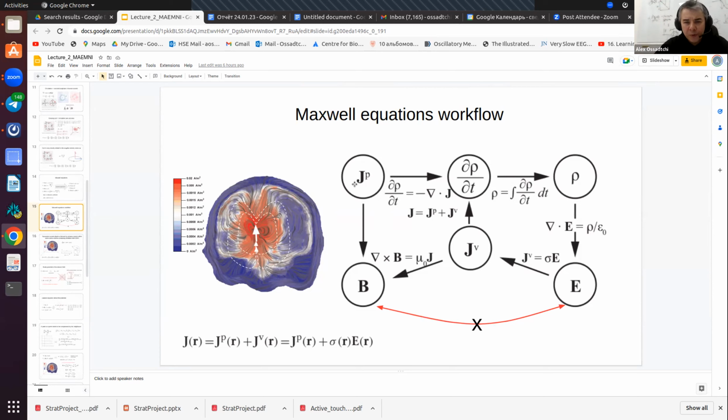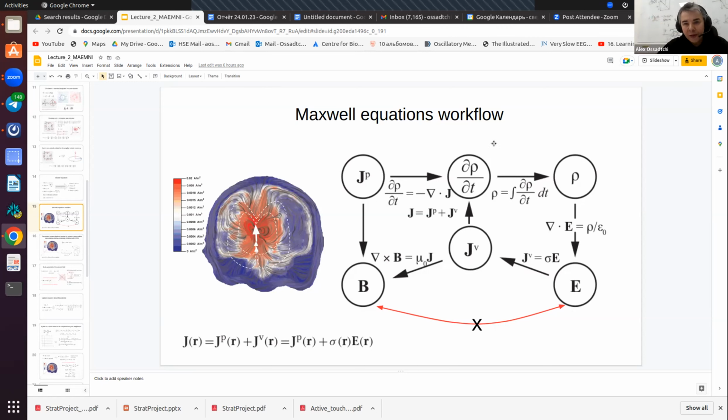This primary current is, of course, the movement of charges divided by the time interval. It's a derivative, the rate at which the charge is changing, right?